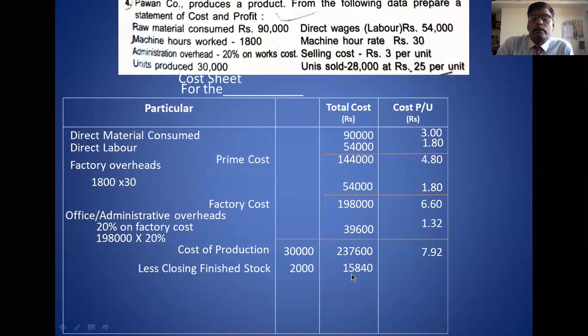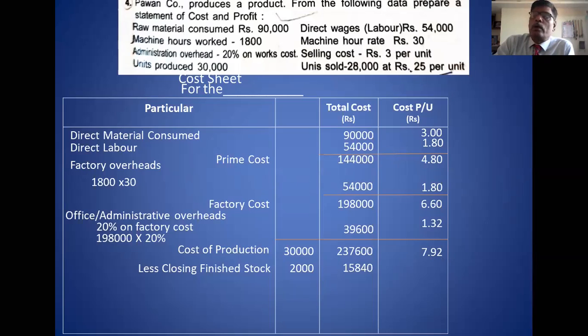Its value is 15,840. How I ascertained this? This is ascertained on the basis of cost of production per unit and unit of closing stock. 2,000 into 7.92. You note down separately, I have not expressed it in the slide.